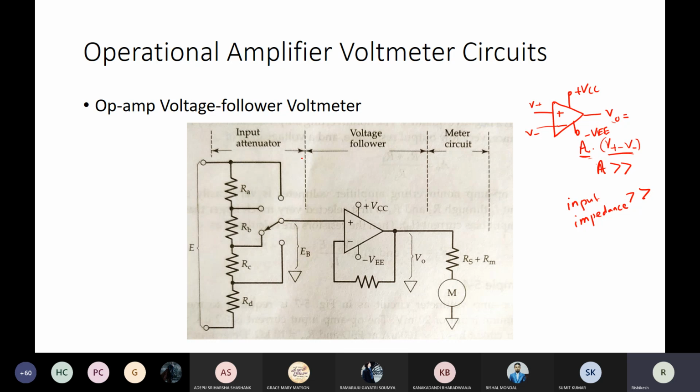You see the input attenuator is the same as shown previously, with four terminals A, B, C and D. You can select the range according to the voltage division. So this voltage EB will appear here, which we are actually measuring, but we will calibrate it in terms of E. Now, what is the bias current of an op-amp ideally?